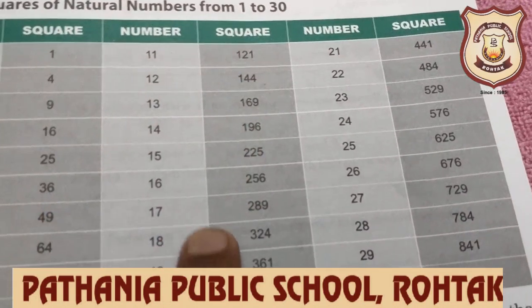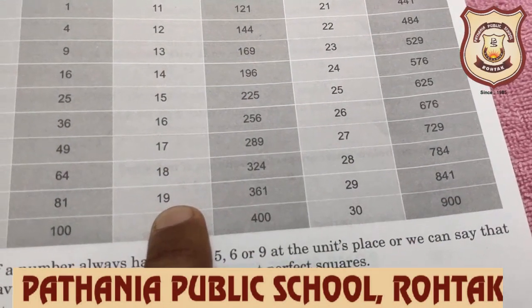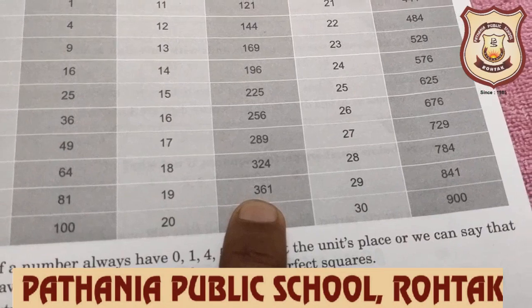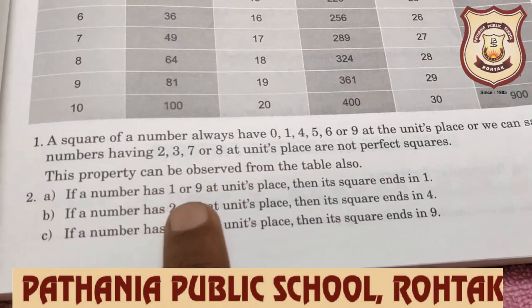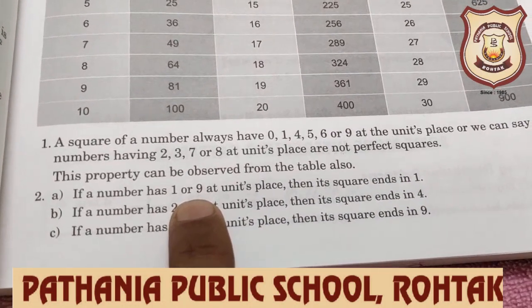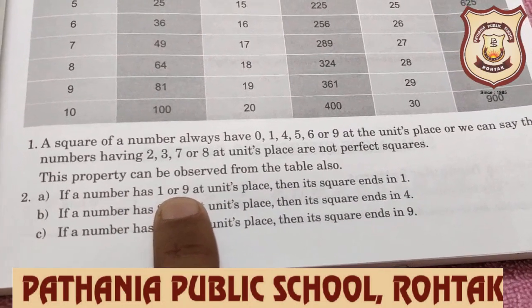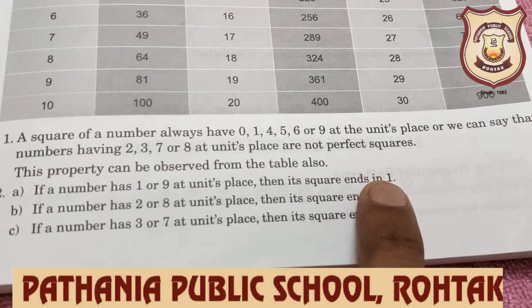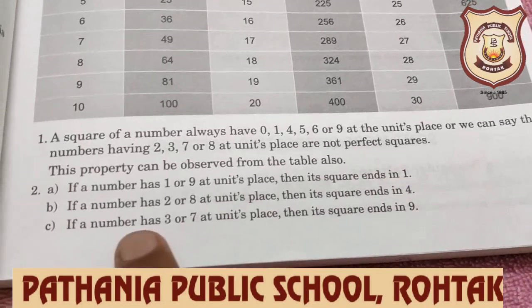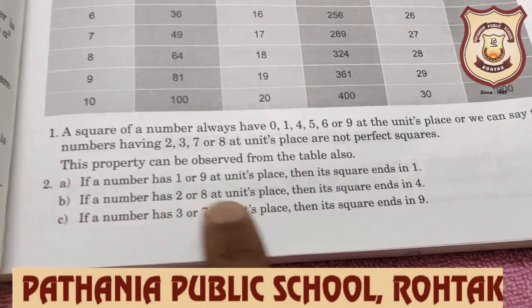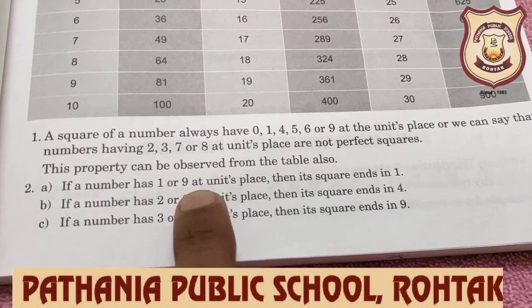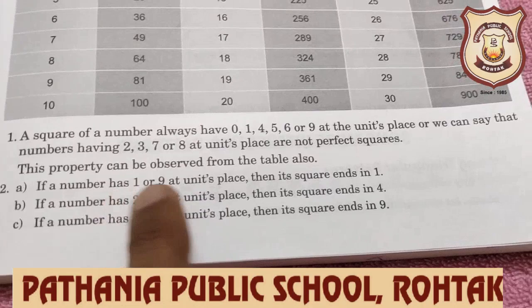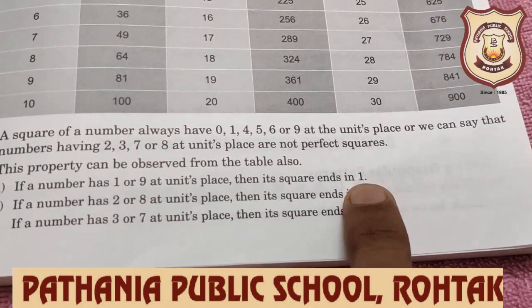And 19 square is 361. So what I want to say, if the unit digit of any number is 1 or 9, the unit digit of its square is also 1. Why is it so? Because 1 square is 1 and 9 square is 81. So both squares end with 1.